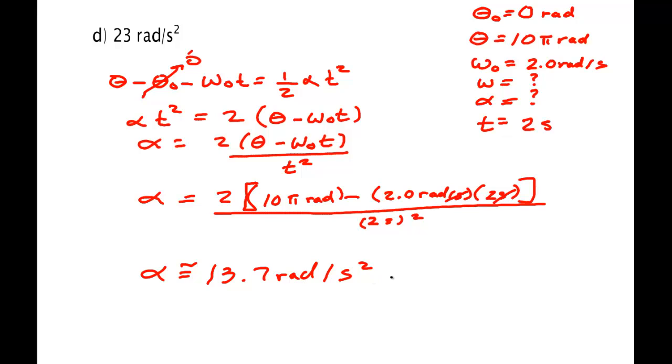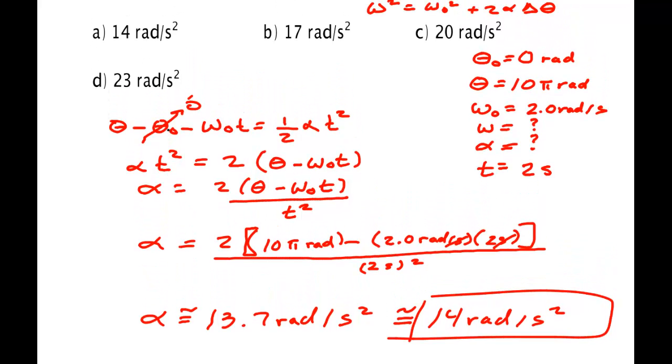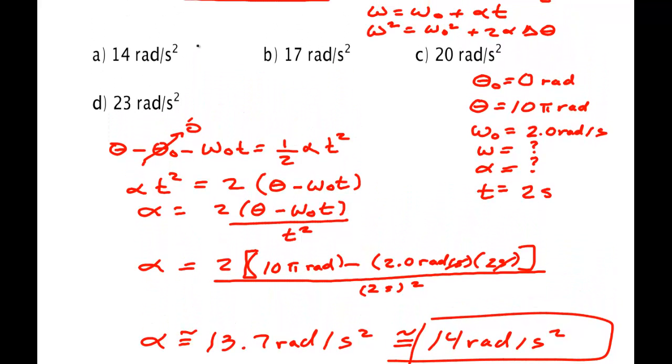So that's, if you only keep 2 sig figs, 14 rad per second squared. And that would be the answer right here.